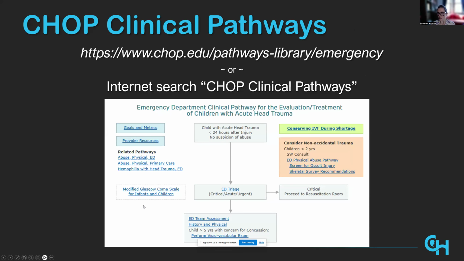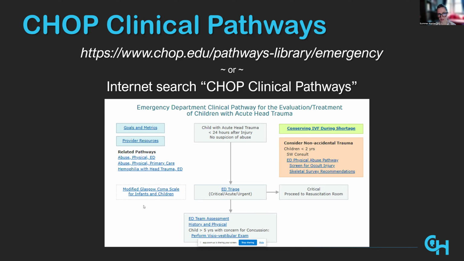Aside from the PCARN guidance, which is fairly freely available online, there are also clinical pathways that many children's hospitals have published free and online. Ours at CHOP are available at this website, or you just search CHOP clinical pathways. And there's guidance for how you would use imaging and how you would clinically assess kids with head trauma.